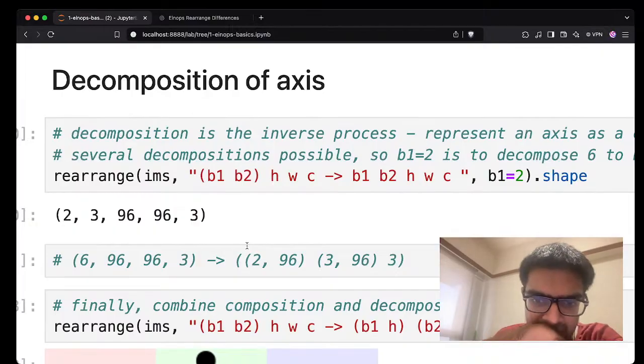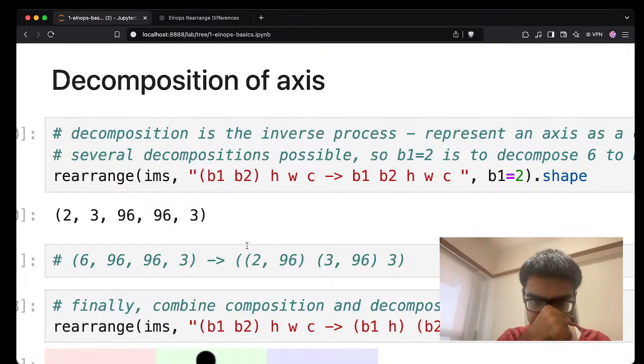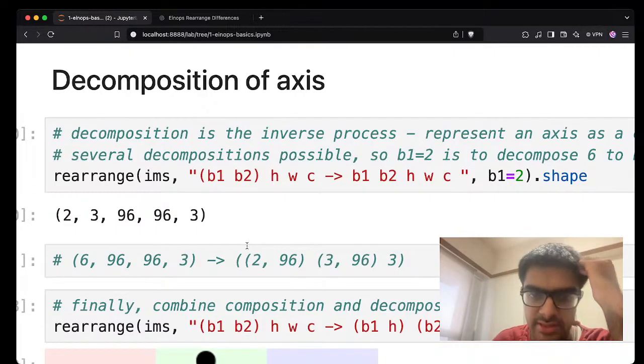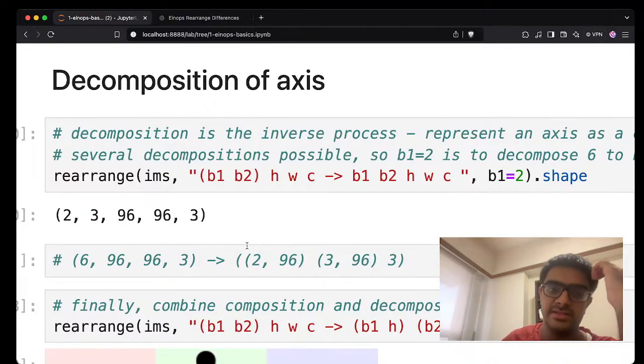W2 is 2. 48 rows of 2 items each. So you will get 1, 2, 3, 4, 5, 6, 7, 8.